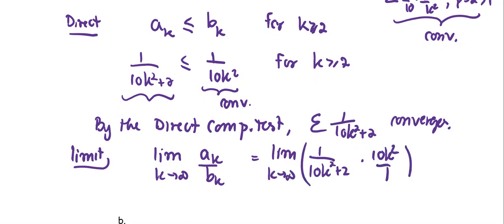As k approaches infinity, the limit value is 1, which is a finite real number, less than infinity. So by the limit comparison test, this series a_k also converges.